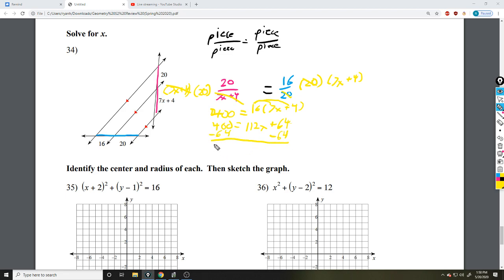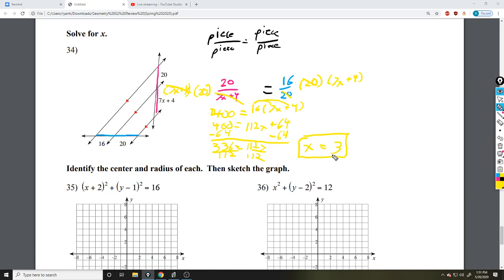And divide. 400 minus 64 should be 336 equals 112x. So then we're going to divide. And we get x to be 3.